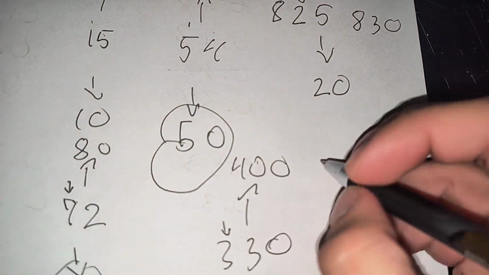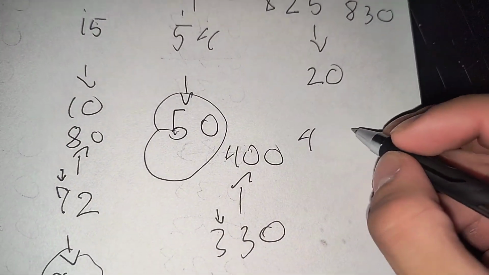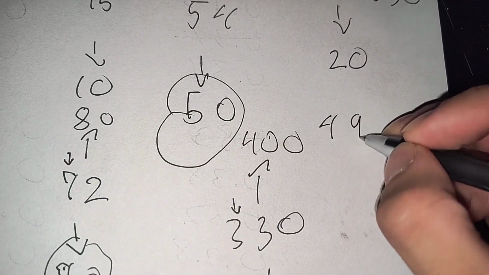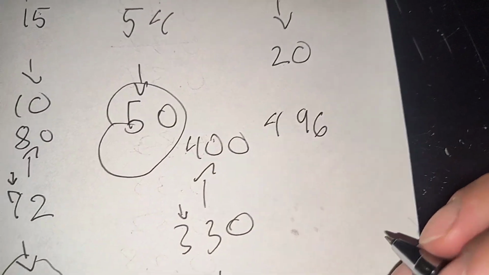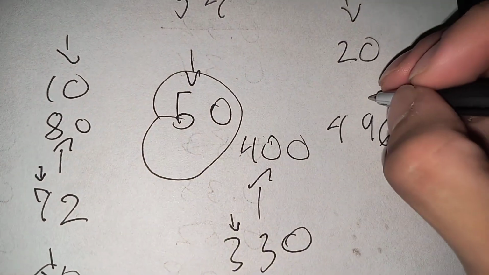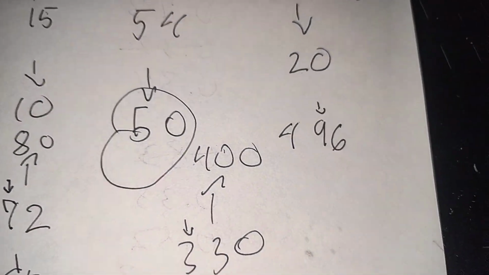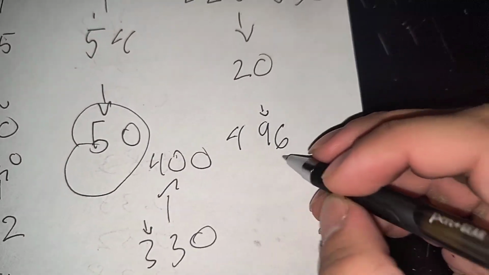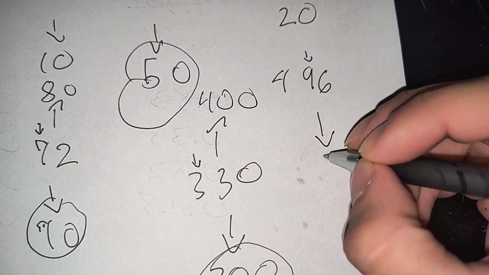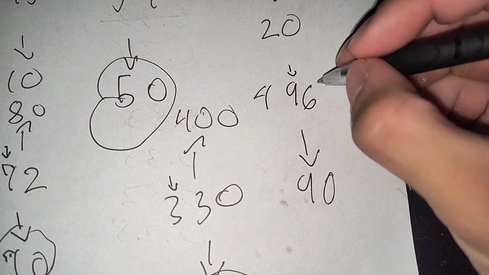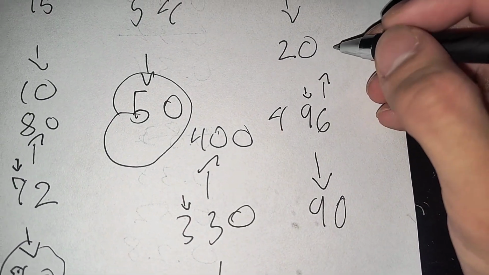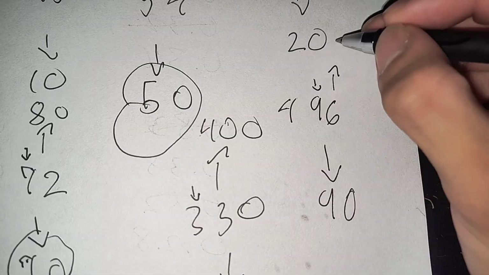We can do this again. Let's say we got the number 496 rounded to the nearest tens. How do we do this? Well, we look at the tens position. That's the position we're rounding to. And we look at the one before it, and we say, well, which one is this closest to? Is this closest to 90, or is this closest to, I guess, 500?